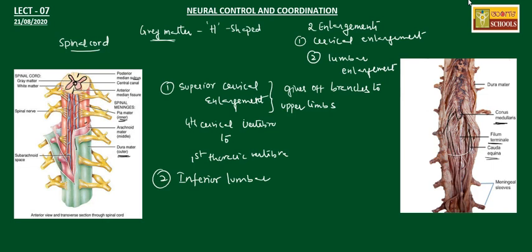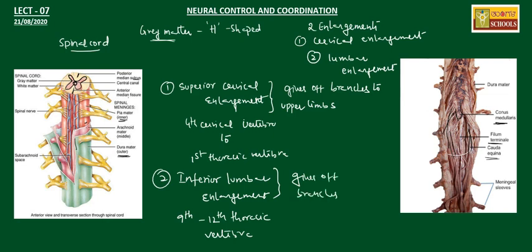It is present between the ninth and 12th thoracic vertebra, and it gives off branches to the lower limbs.